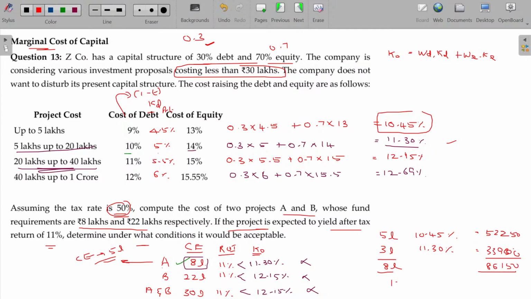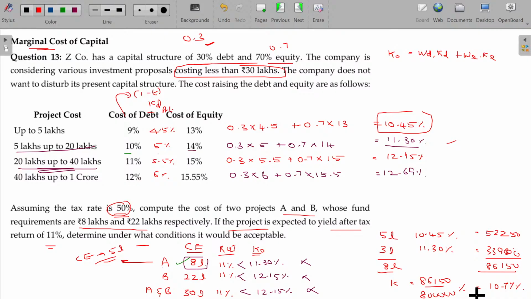And what is the cost for 8 lakhs? 86,150 you are paying for 8 lakhs. That is 10.77%. Okay. In this case, of course, naturally you can accept because A gives you 11% return. For raising funds to the extent of 8 lakhs, my cost is only 10.77%, so there is a 2.23 gain here.